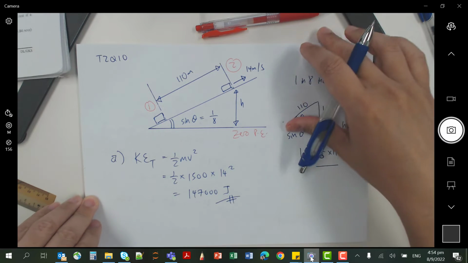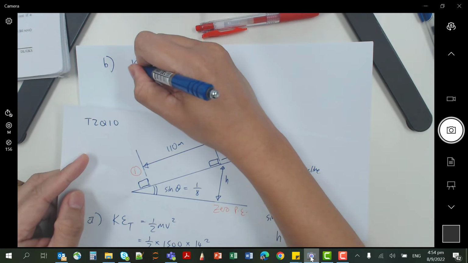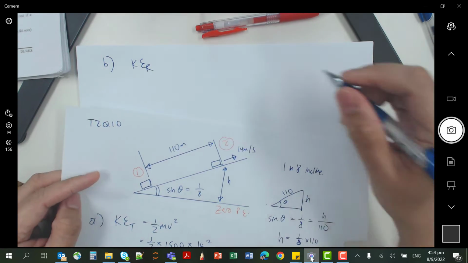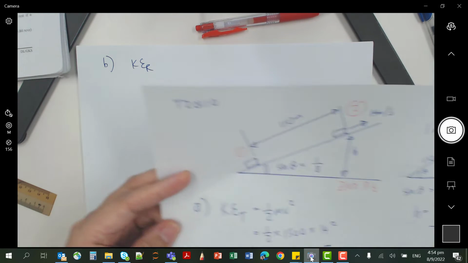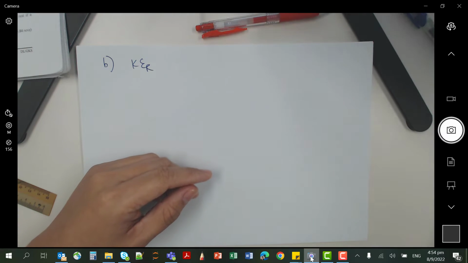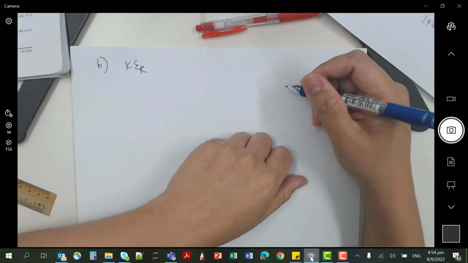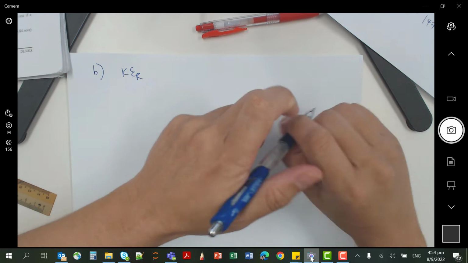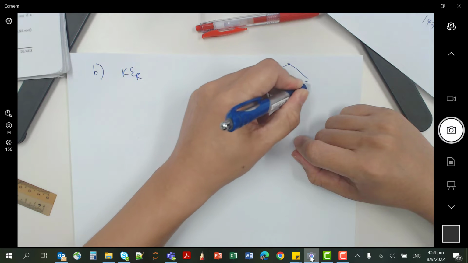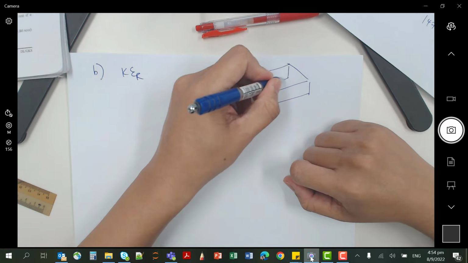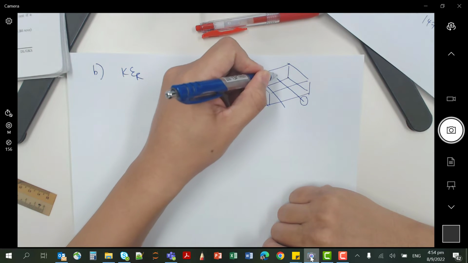The next one is the rotation. Rotational energy, KE rotation, also at this point. So how do you find this? Where does the rotation energy come from? The rotation energy comes from the wheels and the axle. So normally for a vehicle, you are going to have 2 axles, and each axle will have 2 wheels.